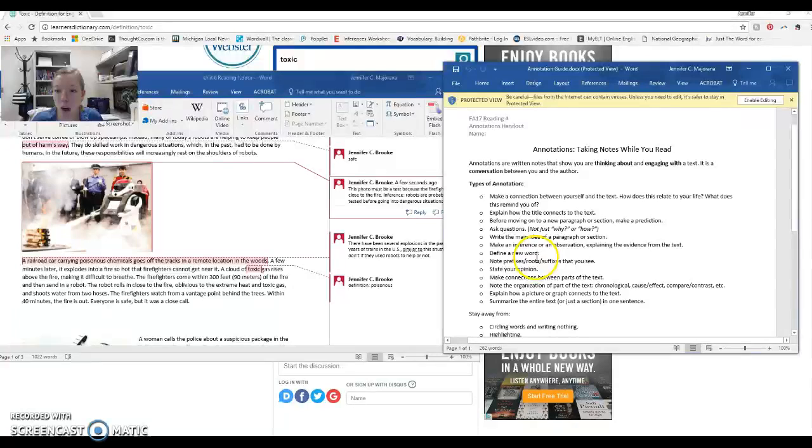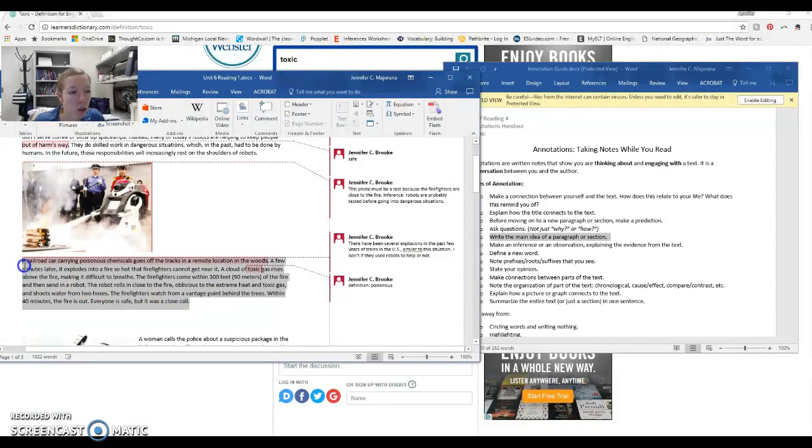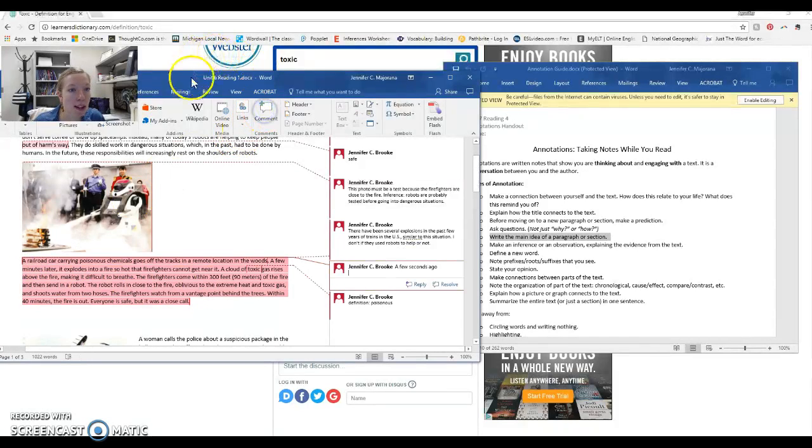Okay, and now what I want to do before I move on is this one, to write the main idea of a paragraph or section. So I'm going to select this whole thing and click comment. All right, and my main idea, let's see. I'm going to try to connect it back to the title. So robots can be helpful to humans.